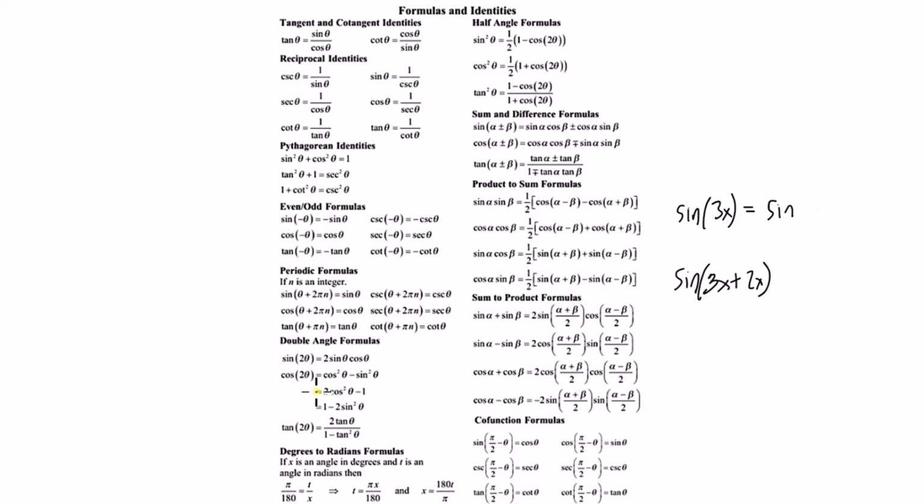But there also is the option, you don't have to do that every time. If you can get the equation to where it contains all the same trig function, no matter what it is, single angle or not, then you can use the methods that we just talked about. So what I mean is, like here, do we need to write this as tangent 3x is tangent 2x plus x, and then use the sum difference identity for tangent and go from there?